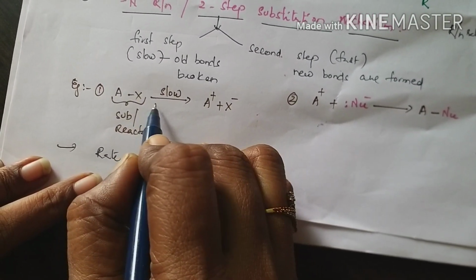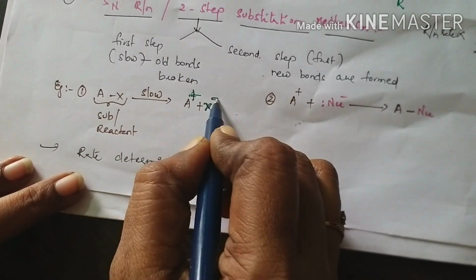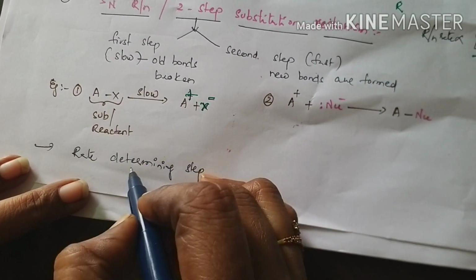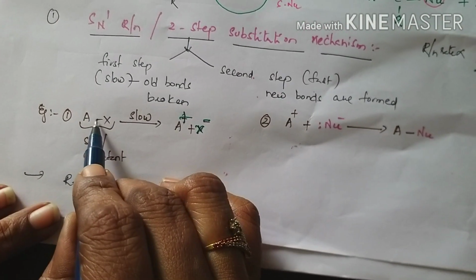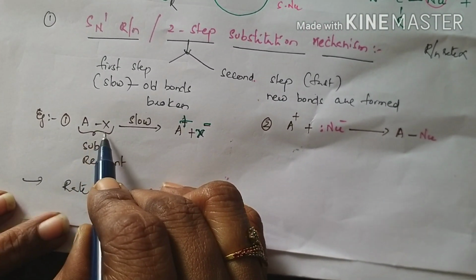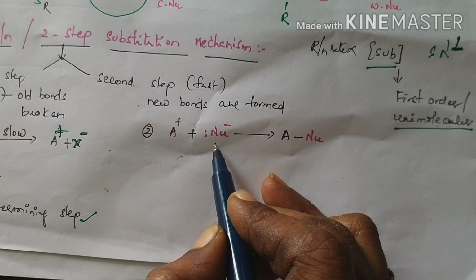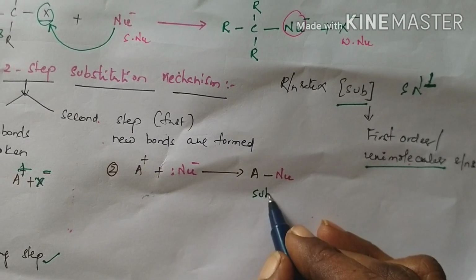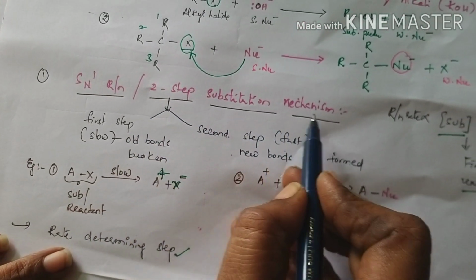By heterolytic fission it can split into A plus and X minus. This is the first slow step, the rate determining step. In the second fast step, a stronger nucleophile is attached to the substrate and produces the substitution product. Hence it is a two-step substitution reaction.